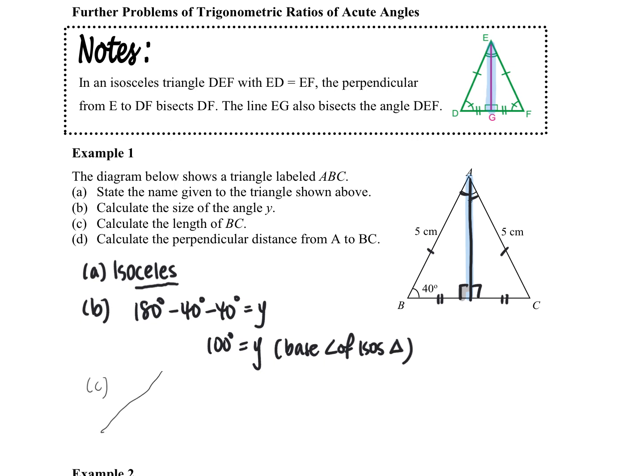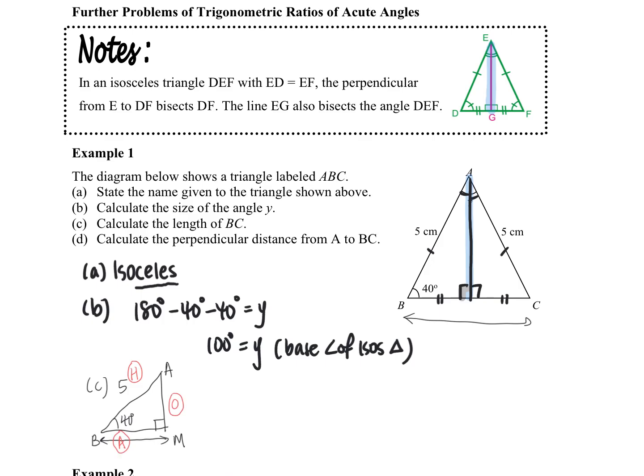Okay, next one. If we zoom into this triangle, 5, 40, and the question wants me to find this full length. So that means I need to find half of it first. Okay, let me call this M so that it's easier to find. So if you have a right angle triangle, first thing you do is identify your H, your adjacent side, and your opposite.